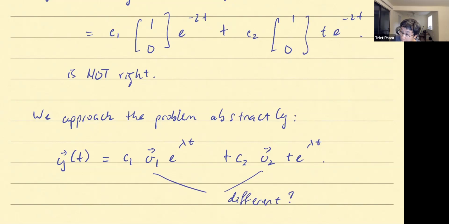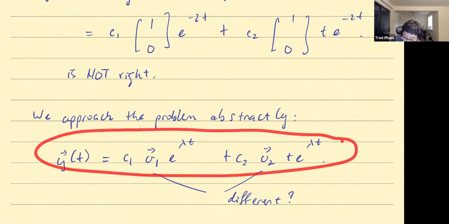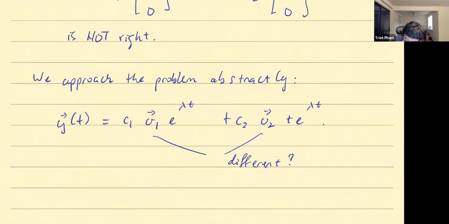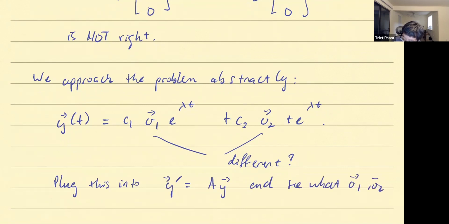But what we'll do is plug this abstract structure into the equation, y prime equals Ay, and see what v1, v2 must be.